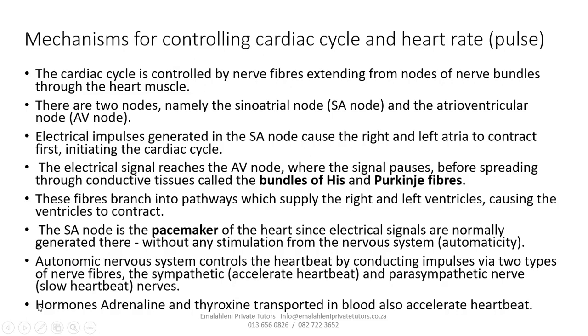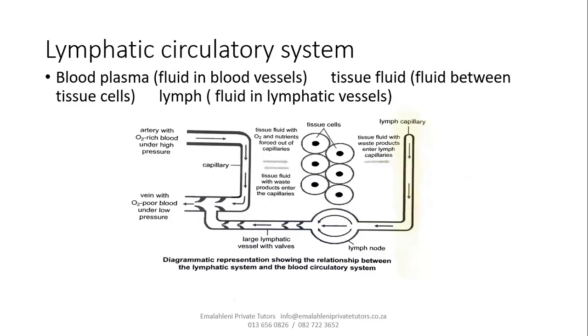Like when you are frightened or running, your heartbeat increases to pump more blood to take out the carbon dioxide from the cells and give them enough oxygen, so that you don't have fatigue. We also have hormones, adrenaline and thyroxine, which are transported in the blood to accelerate the heartbeat. Adrenaline is also called the flight hormone.